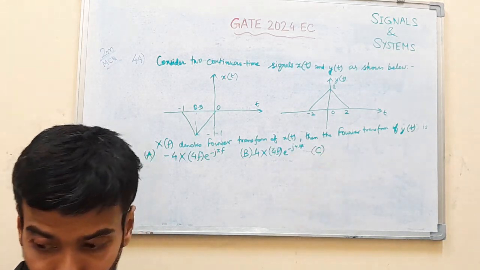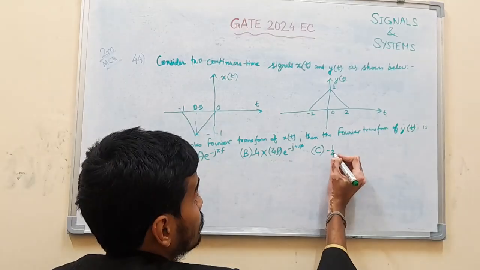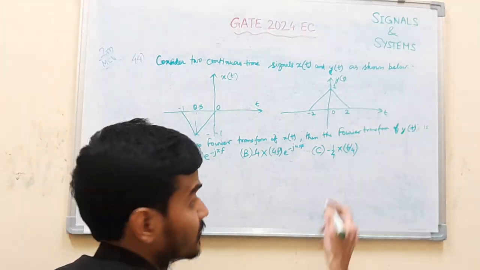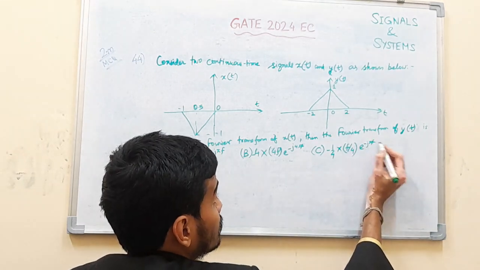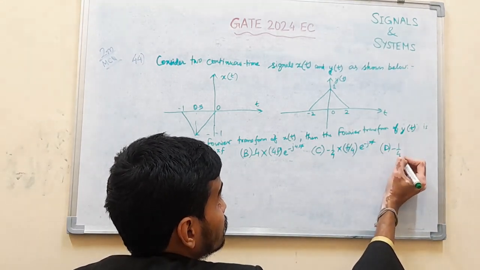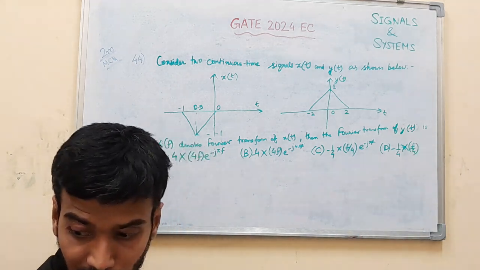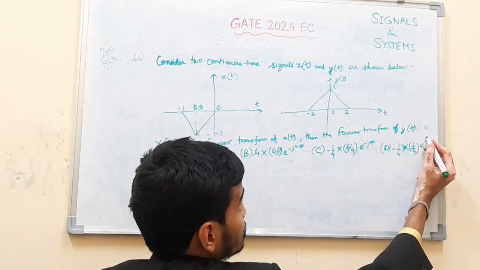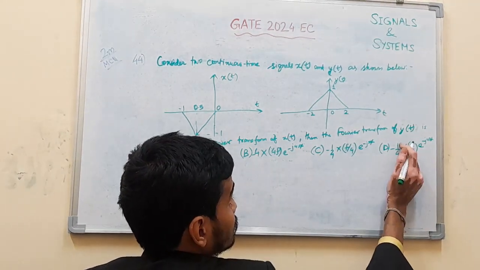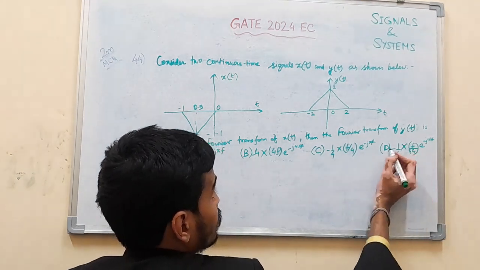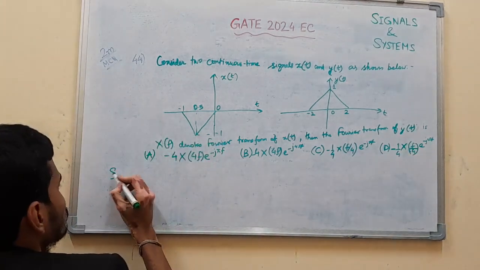Option C, minus 1 by 4 x of f by 4 e to the power minus j pi f. Option D, minus 1 by 4 x of f by 4 e to the power minus j 4 pi f. These are the options given basically. Let's move on to the solution of this question.